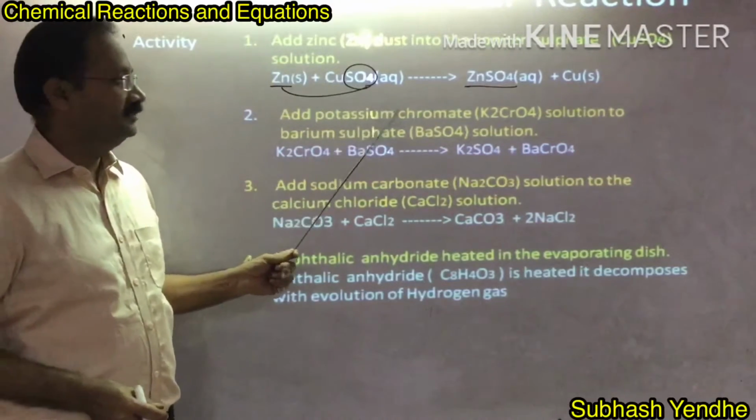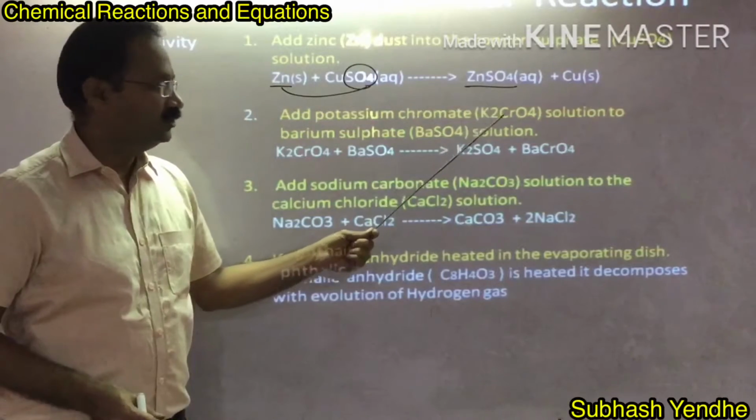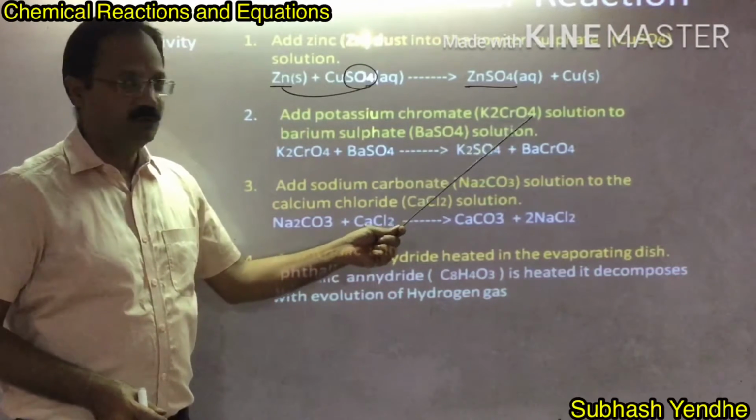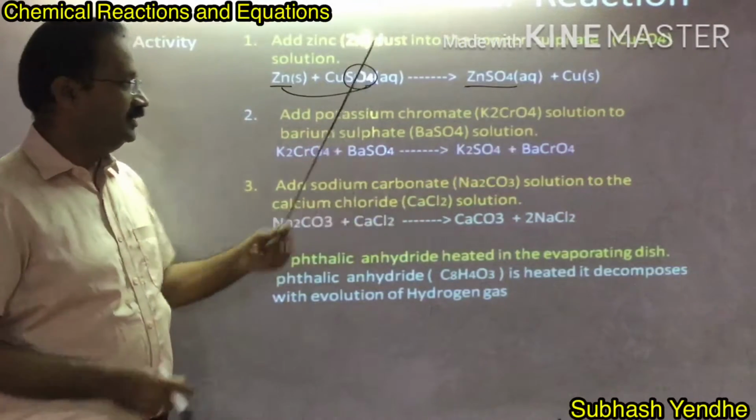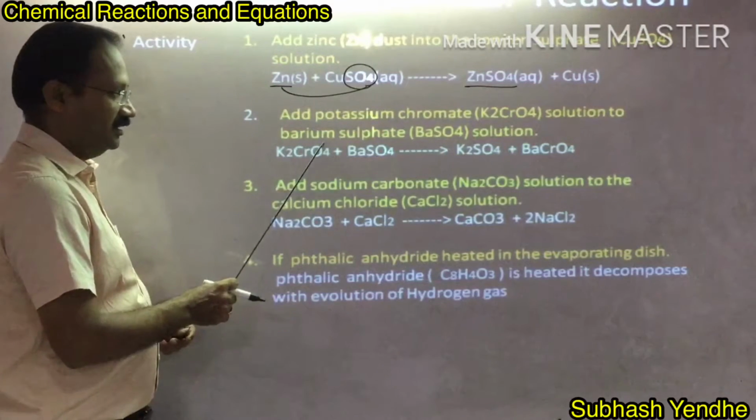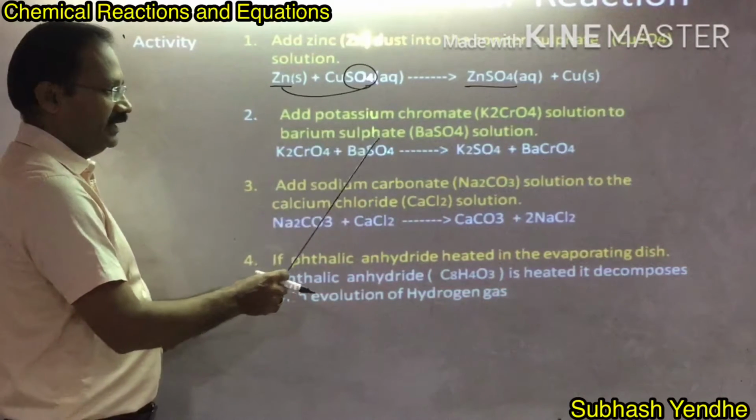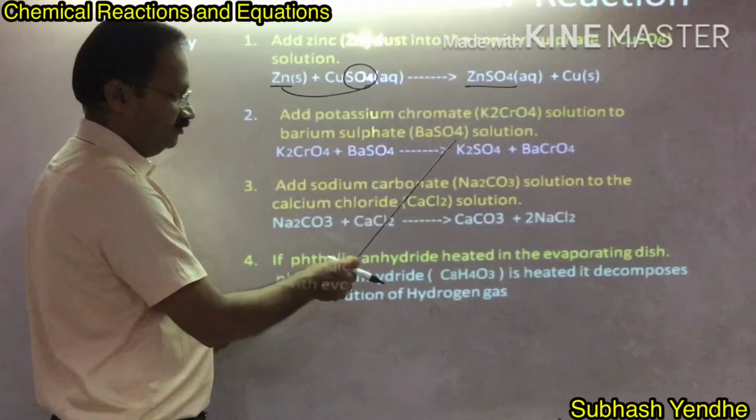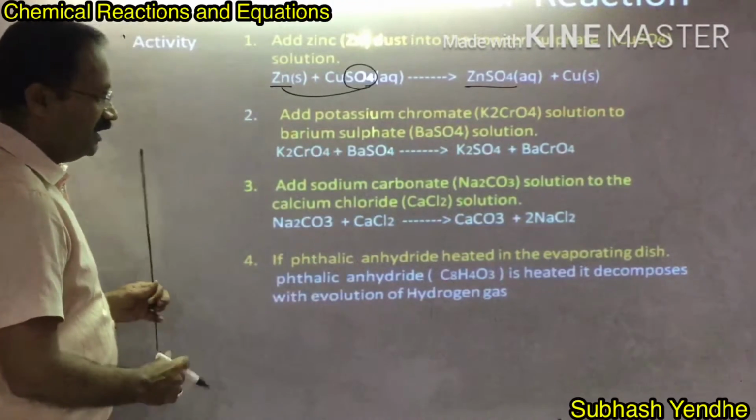Here the potassium chromate solution, K2CrO4, is reacted with barium sulfate, BaSO4, solution. So what will happen?